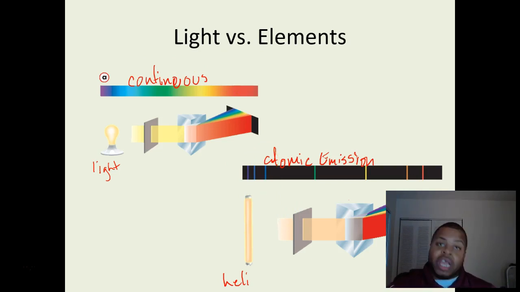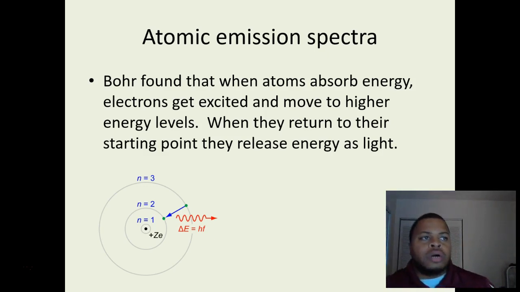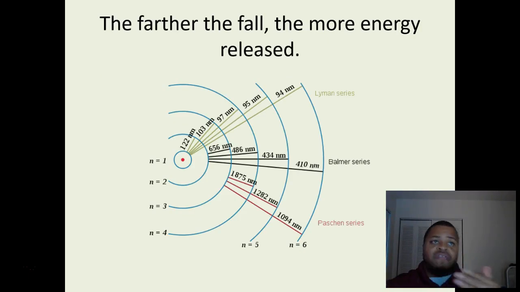Because again, wavelengths, light, this is where it starts to come together. So, when they absorb that energy, they move up, and then when they come back down, they release the energy. Depending on the color or wavelength of light, we can actually calculate how much energy or how far the electron moved. The farther they fall, the more energy is released.